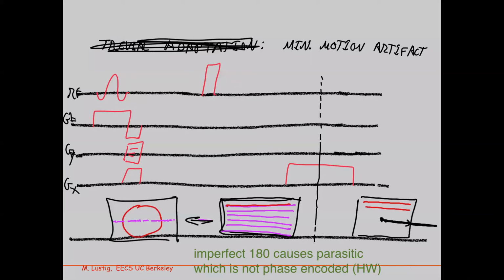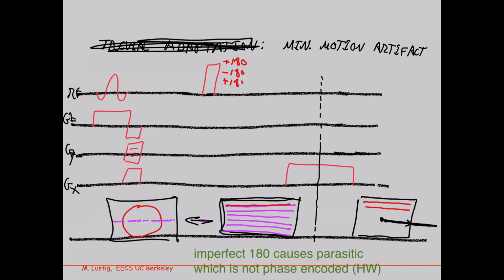So instead, what people do is, for the first phase encode, they do a plus 180. Then for the second phase encode, they do a minus 180. And then the next phase encode, they do plus 180, and so on and so forth. Now, for the red signal, it doesn't matter, because it's going to be refocused no matter what. It doesn't change.